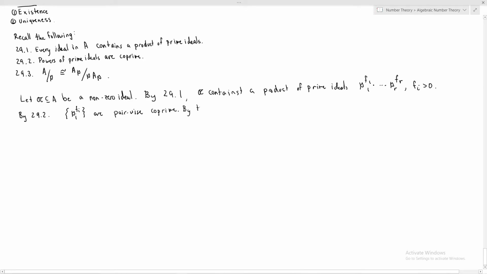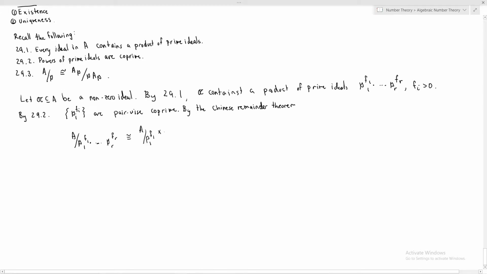By the Chinese remainder theorem, A mod P1 to the F1 through PR to the FR is isomorphic to the product of the rings A mod Pi to the Fi, since these are all pairwise coprime, I can split this up into a product of rings.